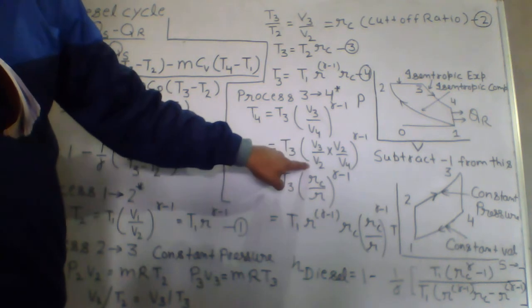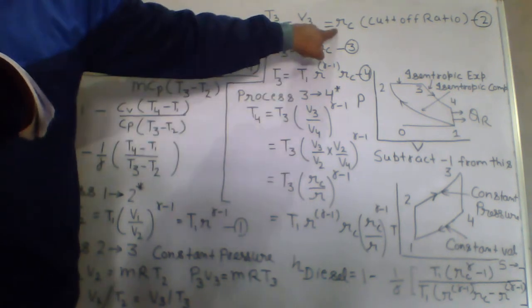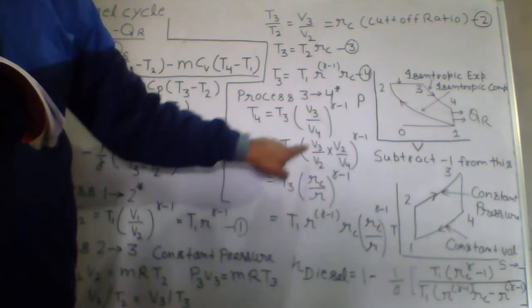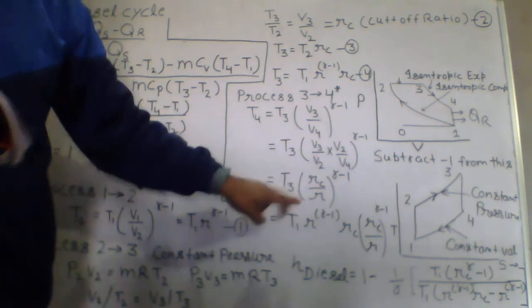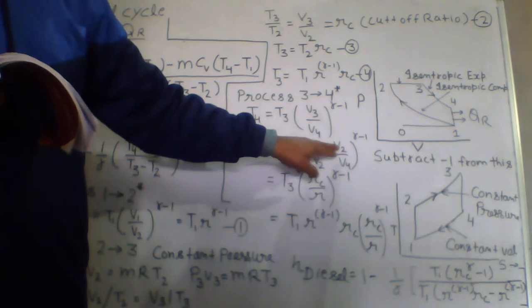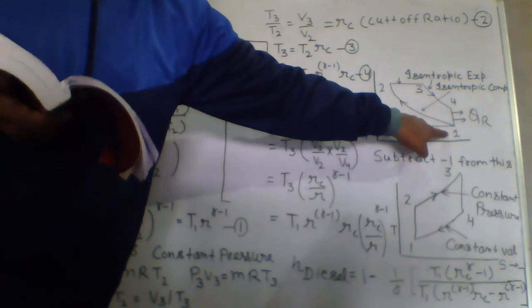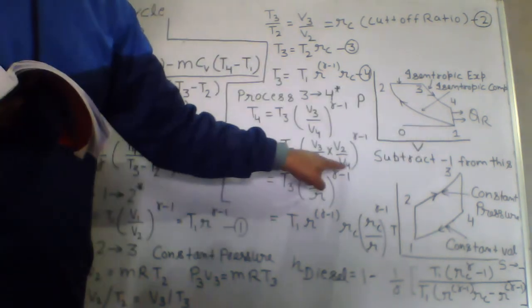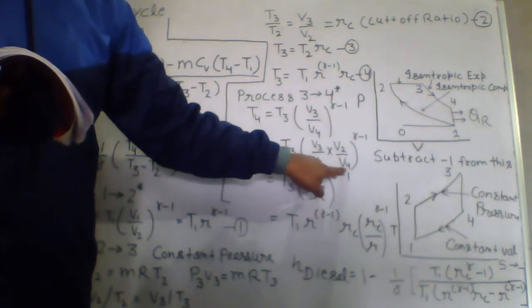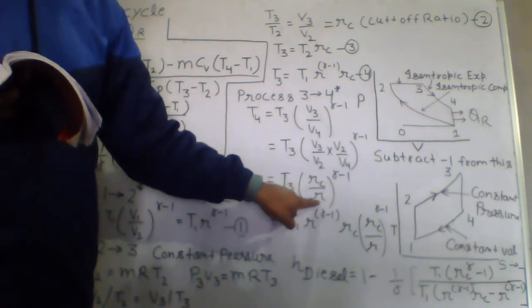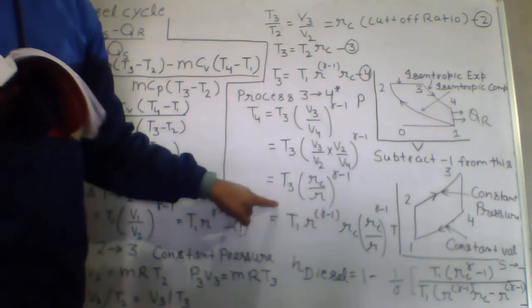Now V3 by V2, we know it is RC. You can write here RC. And you can replace this V4, because V4 and V1 are equal. So instead of V4, we can write here V1, and V1 by V2 is equal to R. So we will get this equation.